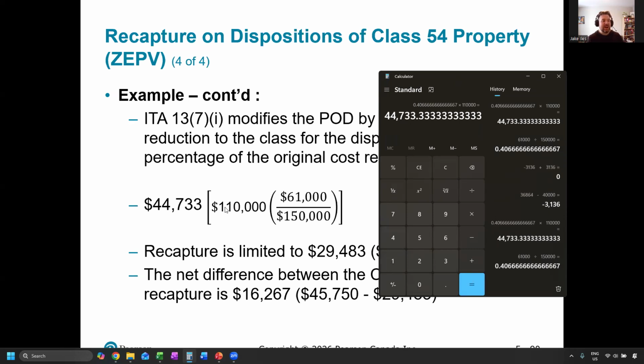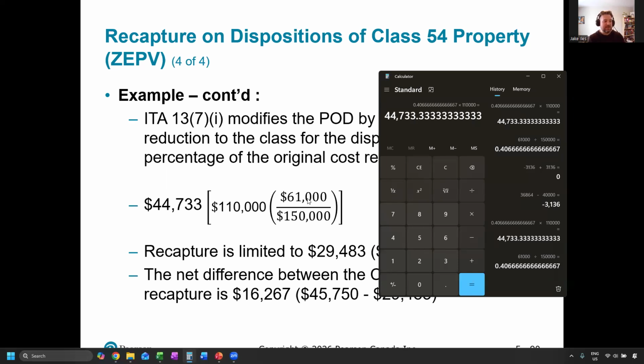So it's as if saying, let's start at the beginning. Of the 150,000, we capitalized $61,000. Therefore, of the 110,000 of proceeds, 44,733 applies to the disposition of our class. So we keep that percentage the same for our capitalization and our disposition.